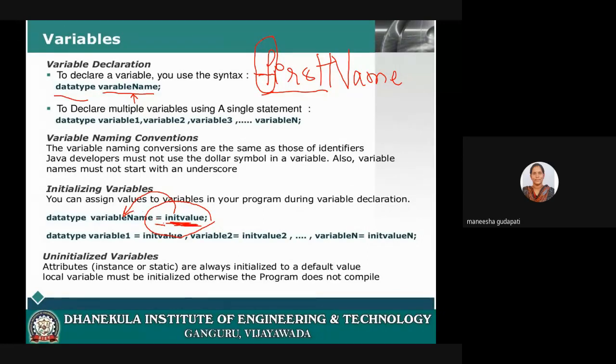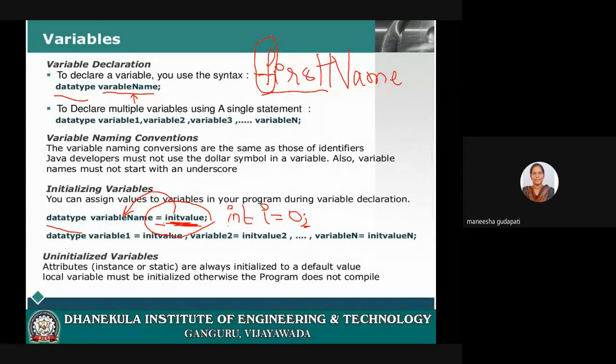If you want to create only one variable for that data type, you can use this format, like int i = 0; closing with a semicolon, because declaration is also a statement. Always a statement should end with a semicolon.